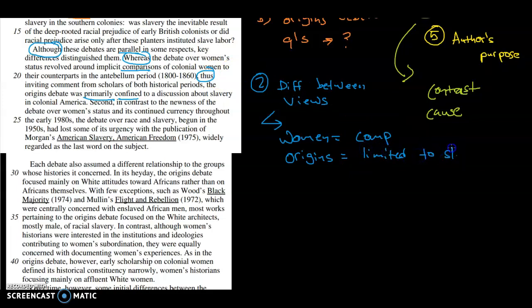The point here is that we were supposed to contrast this stuff. So if the women's debate is comparing this versus something else, we can predict that the origins debate is not going to be comparative. In fact, the text states that it's confined to a discussion about slavery. We're not comparing anything. Okay, so there it is.